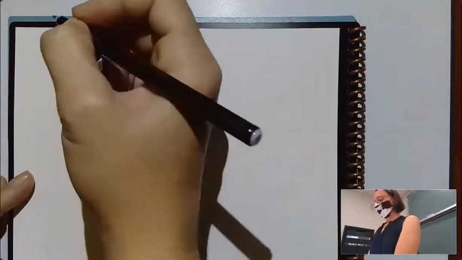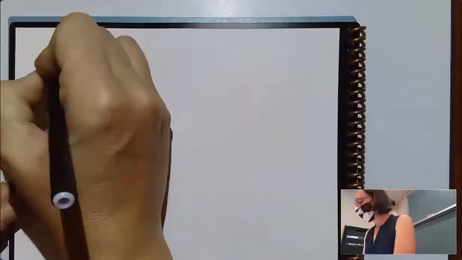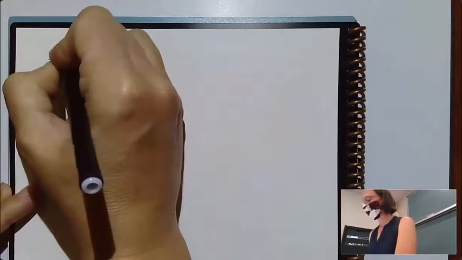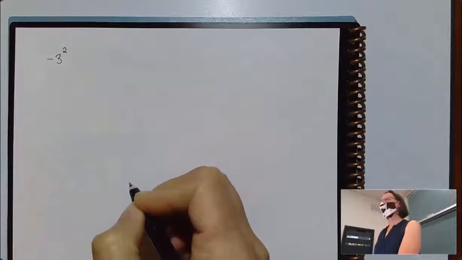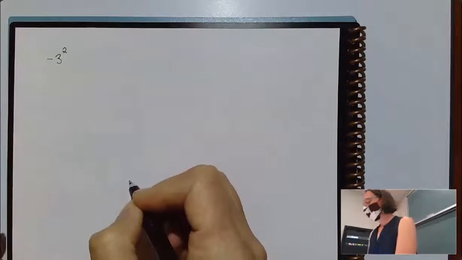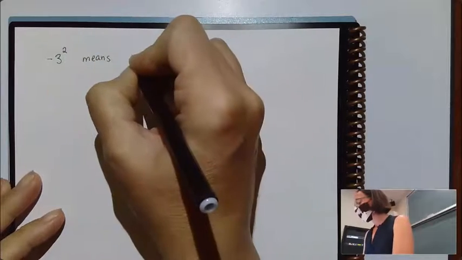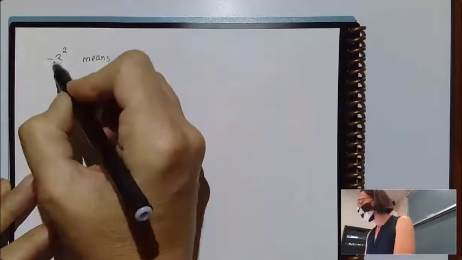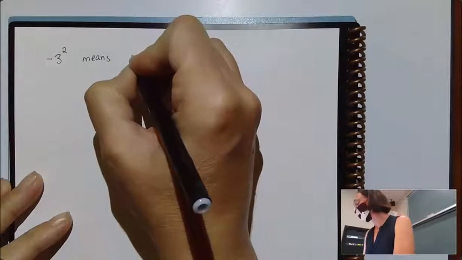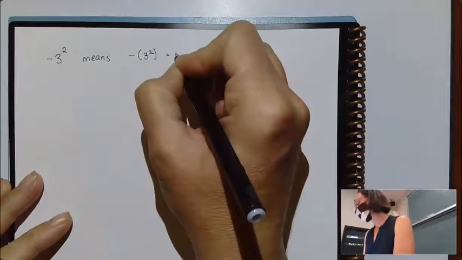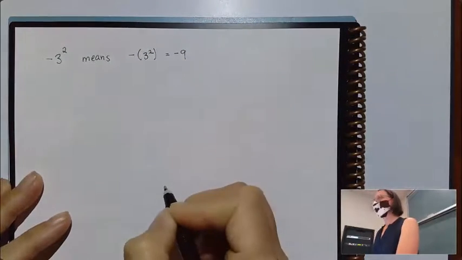Just a note on notation for a second, and we've probably talked about this before. If I have -3 squared, the way that this is currently written, this means that I'm going to deal with that exponent first. This is -3 squared, or -9.